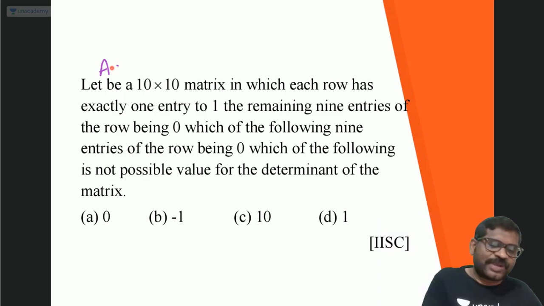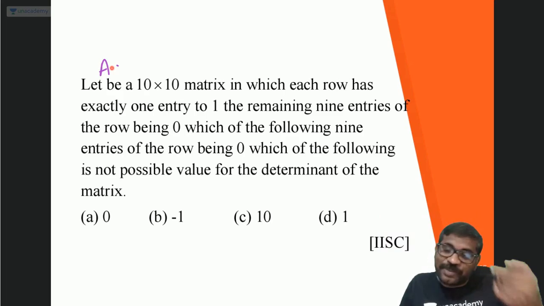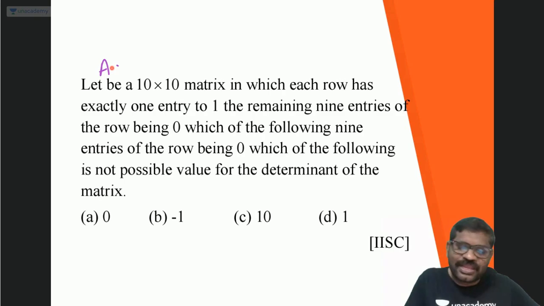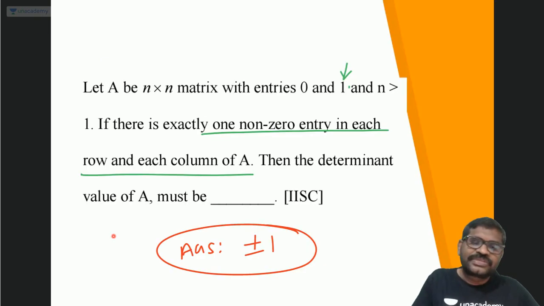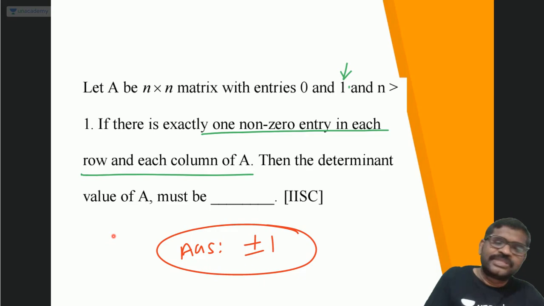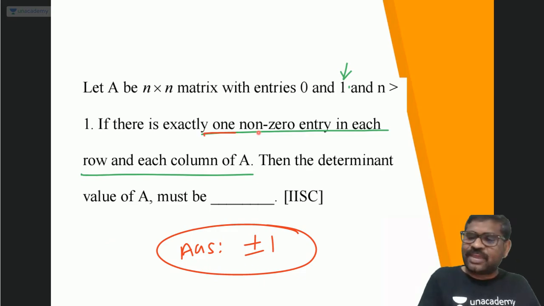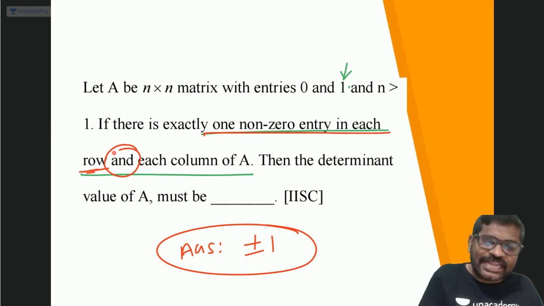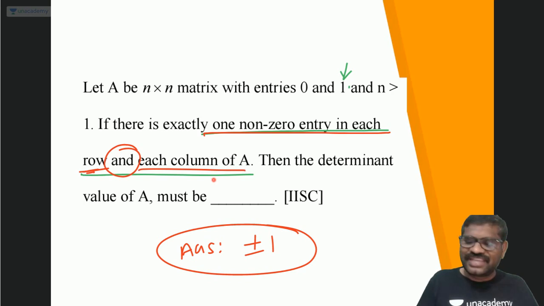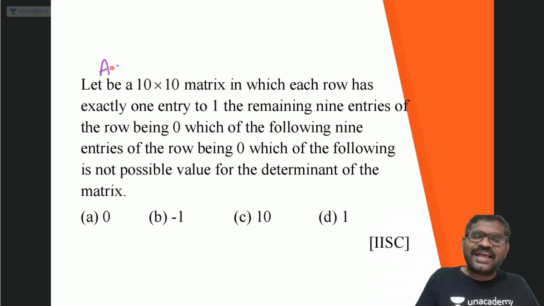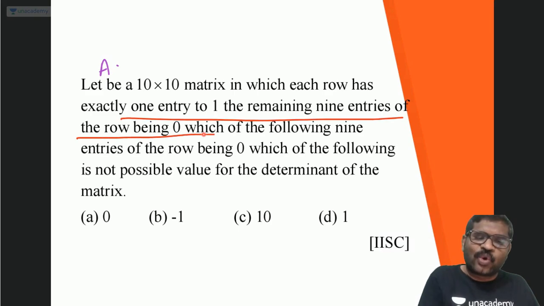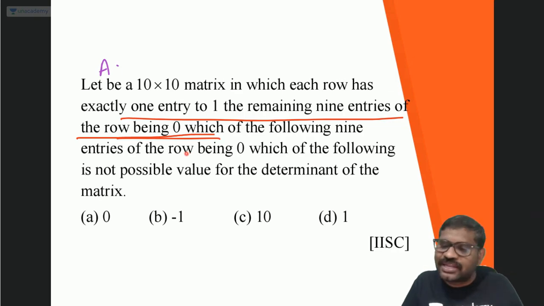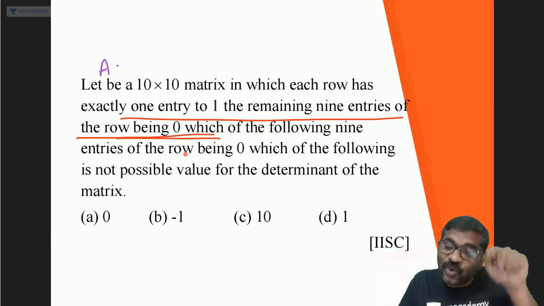I am explaining. Sir, what is the difference between the previous problem and the present one? In the previous problem, exactly one non-zero entry in each row and each column. Here, one entry is 1, the remaining 9 entries of the row being 0. Here there is no condition for column. Here condition is only for rows.